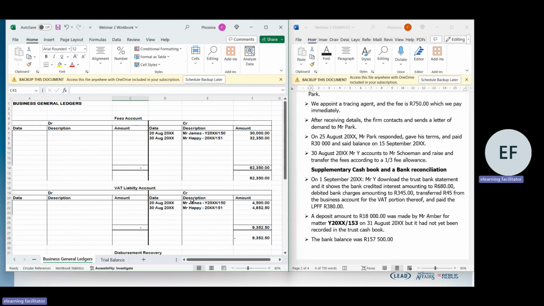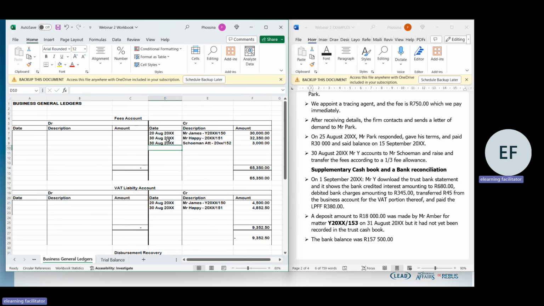So when we go to our fee account, 30 August 20XX, it's Skuman attorneys and file 20XX/152. How much is our fee? Remember, fee excluding VAT: 30,000 multiplied by 10%.